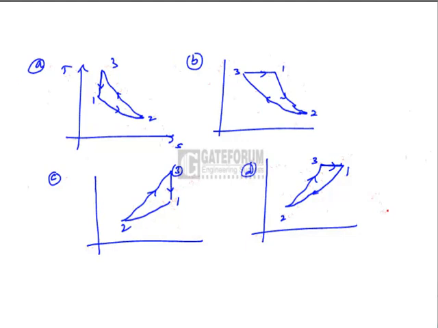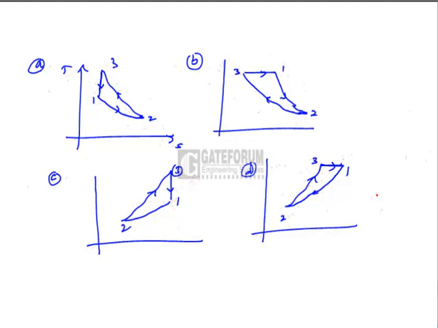So in the cooling process, entropy should definitely be decreased, and in a constant pressure process, temperature also should decrease. So which of the curves 1 to 2 in the options will indicate decrease of temperature as well as decrease of entropy? It is either in C or in D.